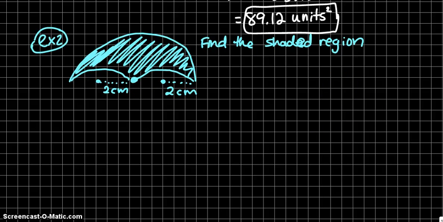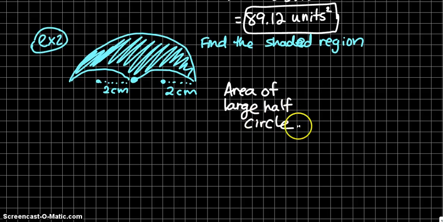So this time what I'm going to do in words, again, always in words so you can figure out what's going on, I'm going to find the area of the large half circle, and I have to subtract off these two little cutouts.